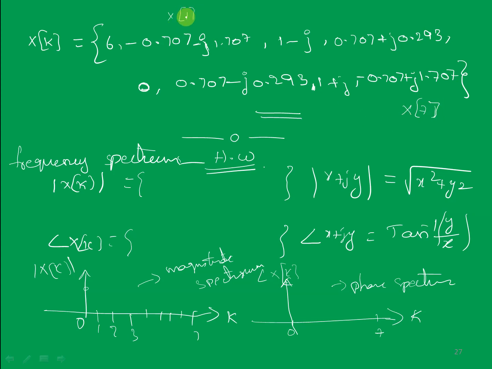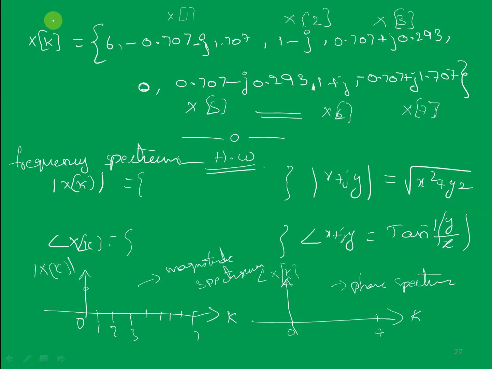The complex conjugate of x of 2 is x of 6, and the complex conjugate of x of 3 is x of 5. In this way, the magnitude spectrum follows even symmetry and the phase spectrum follows odd symmetry.